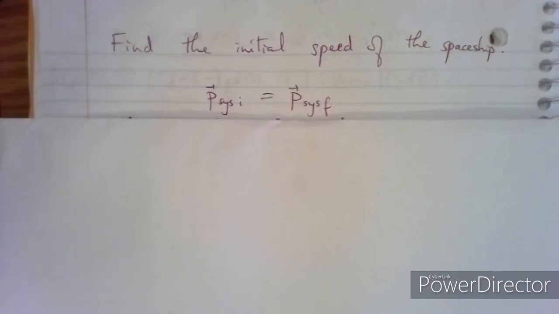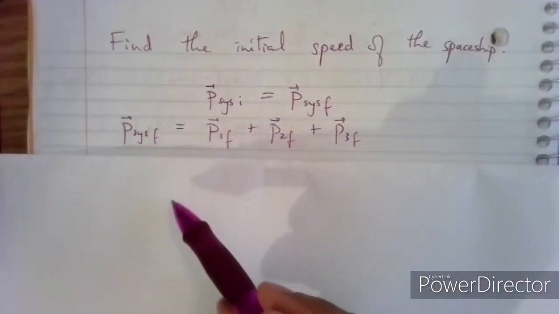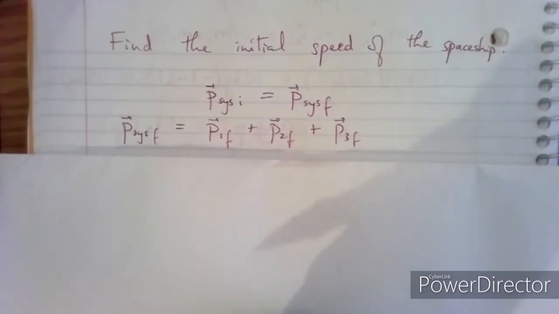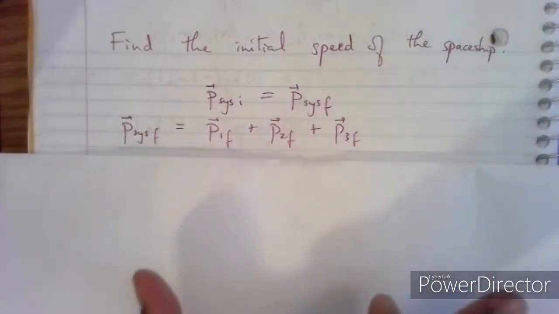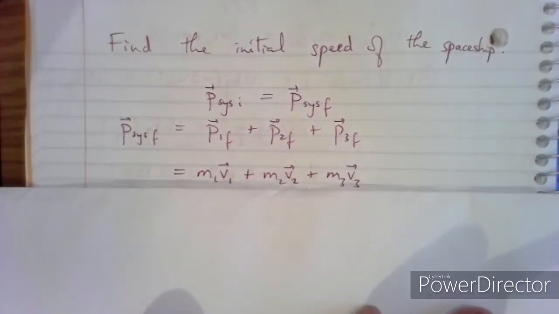So since there are no external forces and the force of the explosion is all internal, right? It's force of piece one on piece two and piece three and vice versa, and force of piece two on piece three and vice versa, and so on. Then the system's momentum is conserved. So P system initial equals P system final. And P system final is equal to the sum of the momentums of each of the pieces. So m1 v1 plus m2 v2 plus m3 v3.